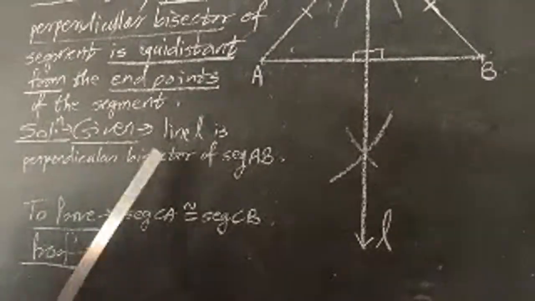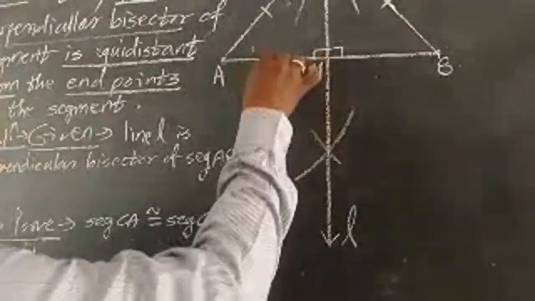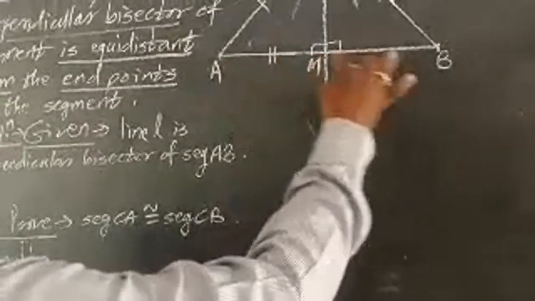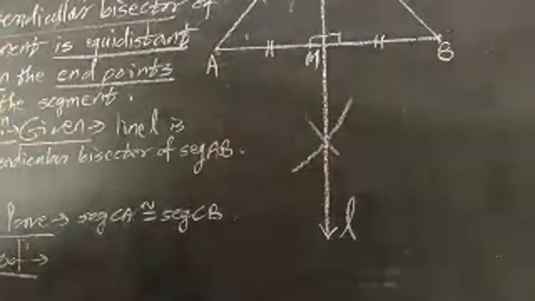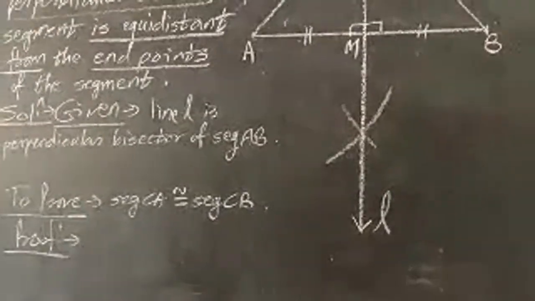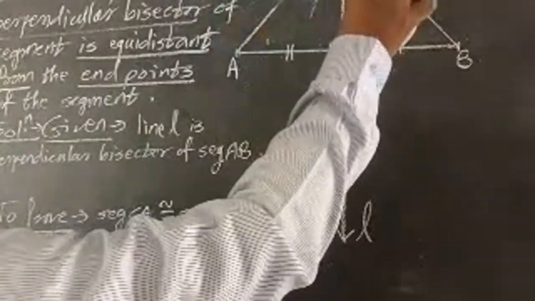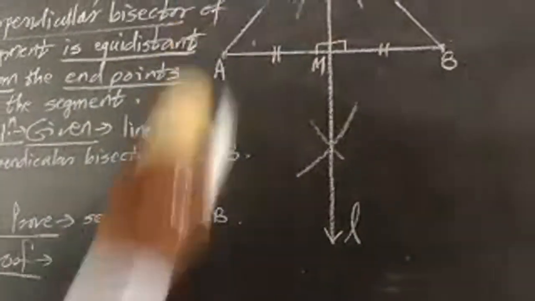Bisector means bisect, means the two parts of the segment are congruent. Is it correct? And we show this side congruent, we show here.